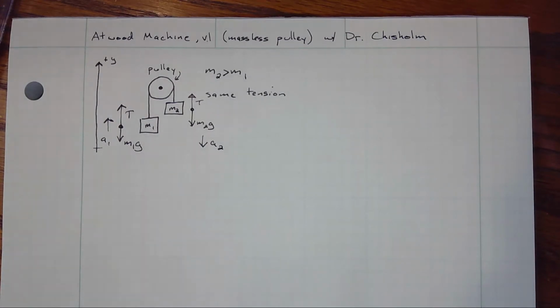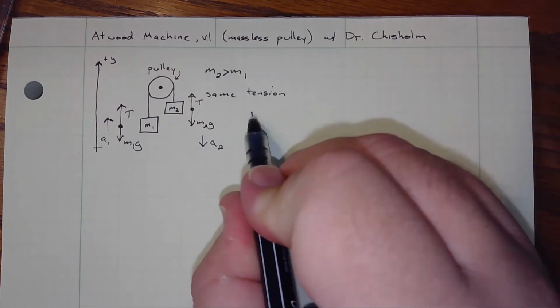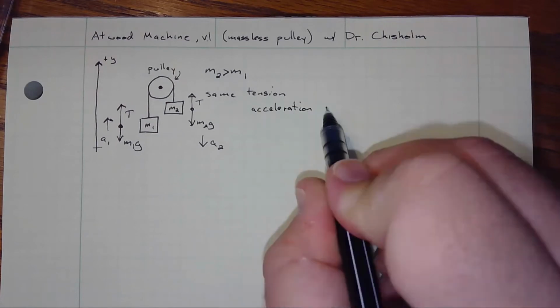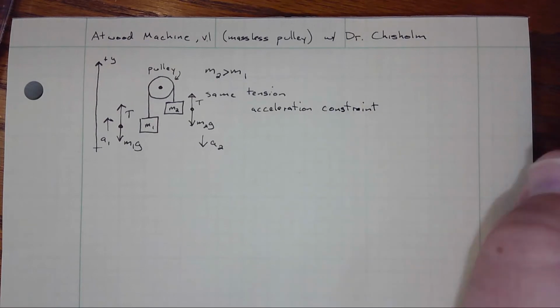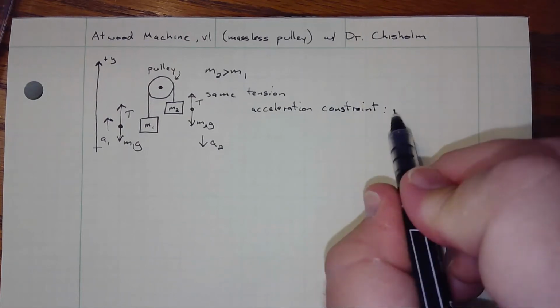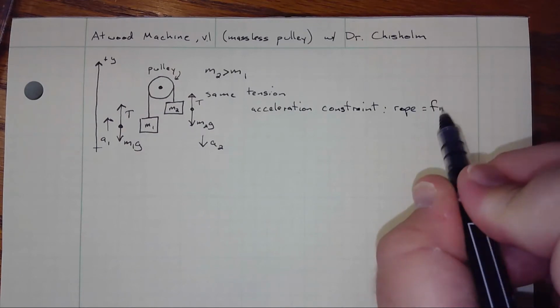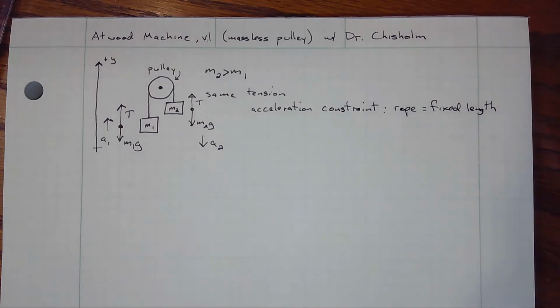The other important thing is that we have this rope here, and because the rope is present, we have what we call an acceleration constraint. We saw these back when we were working Newton's third law type problems. All we're saying is that the rope is of some fixed, constant length that's not going to stretch, because if it did, that would make it a spring.